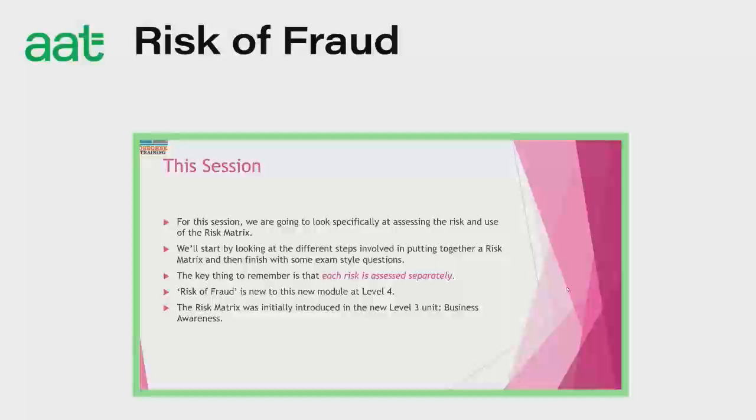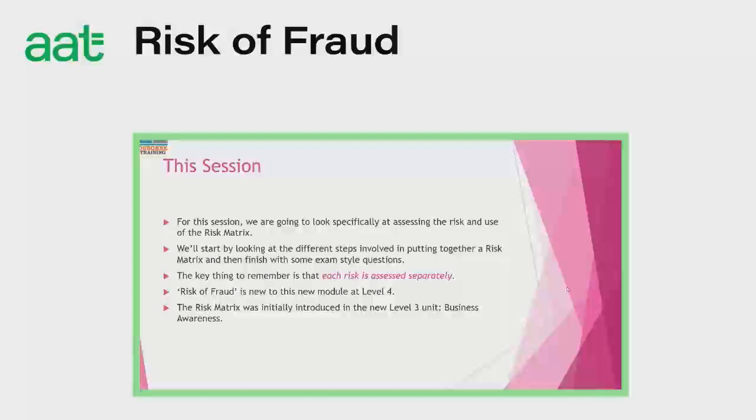Risk of fraud is new to this module at level 4, under this new Quals 22. The risk matrix was initially introduced in the new level 3 unit, business awareness. So for those of you that have come over from the old level 3 AQ16 onto the new AQ22 at level 4, this will be completely new to you.